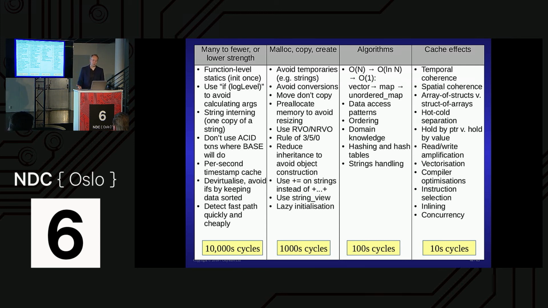Avoiding mallocs and copies. So strings, how do you use those? Avoid temporary strings, string1 plus string2 plus string3. Maybe you use plus equals. Maybe you can use string_view instead. Watch out for conversions. It's surprisingly slow at a low level to convert integers to floating points and the other way around. Use move. A number of people now use sink arguments on constructors: you pass by value and then do a move inside.